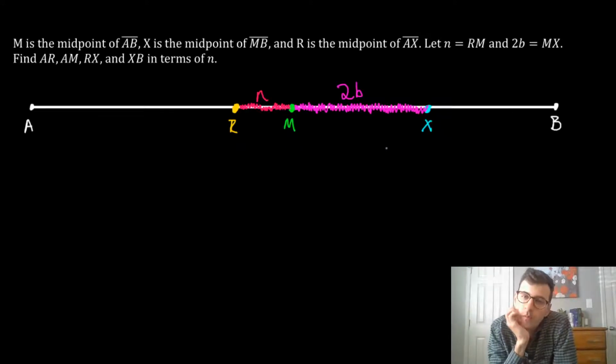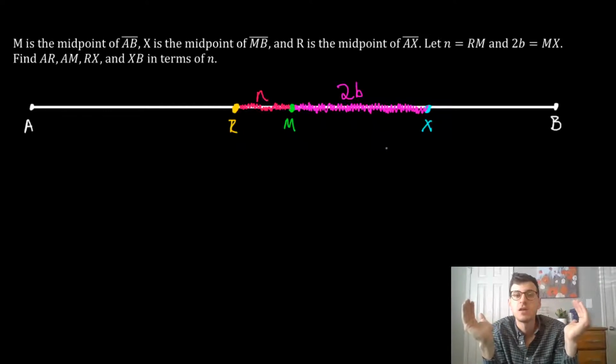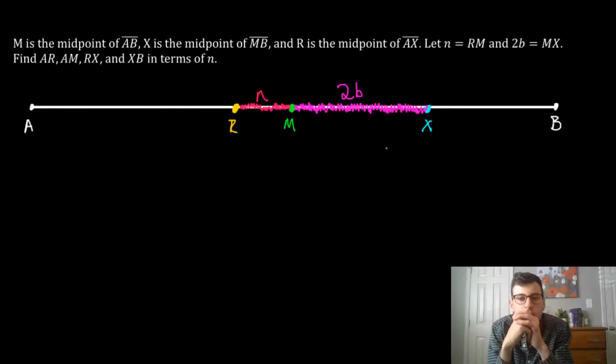So what I'm thinking through right now is, is it going to be easier for us to say, well, let the length AB be something like X, and then we break down X into smaller parts? Or it might be easier to try to find our smallest part and then let that grow out. So we'll see.